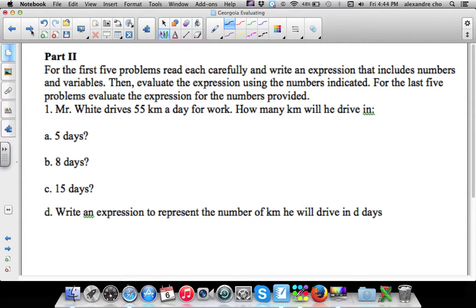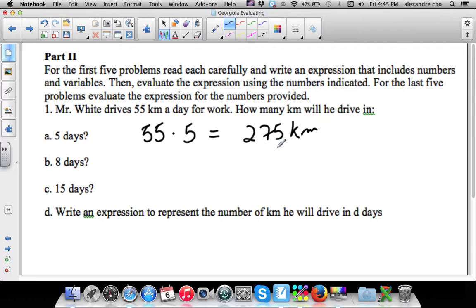Mr. White drives 55 kilometers a day for work. How many kilometers will he drive in 5 days? It's 55 kilometers per day, and he drives for 5 days, so 55 times 5 gives us a total of 275 kilometers.